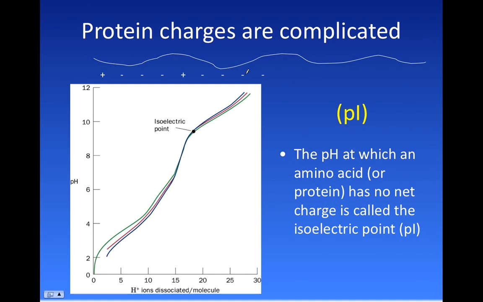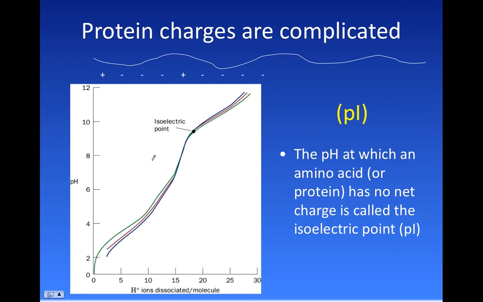Let's imagine this big long line here is just a big long protein. Protein charges get really complicated, right? The amine group and the carboxylic acid groups are tied up in the peptide bonds of the protein, so we usually don't think of those as being charged, except, of course, at the N terminus and the C terminus of the molecule, where those are free to be reactive. But there's a bunch of R groups present on these amino acids, so these pKa3 values, the R groups can be positive, negative, or neutral.